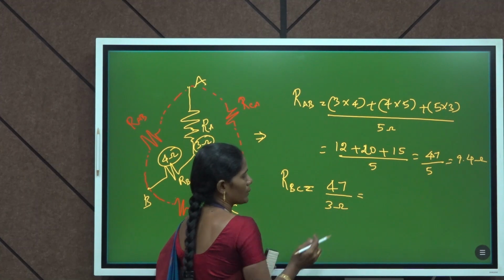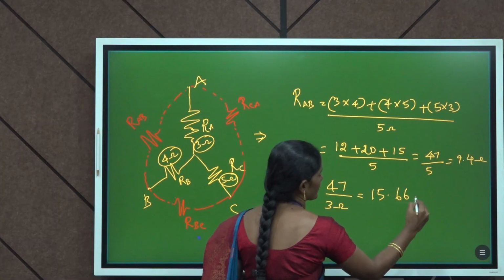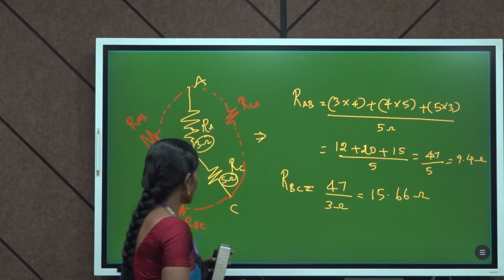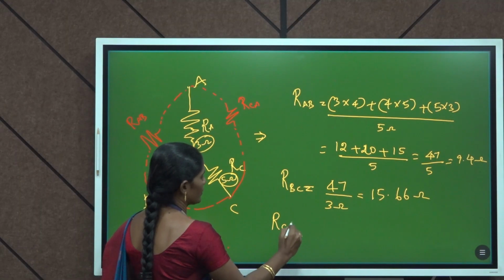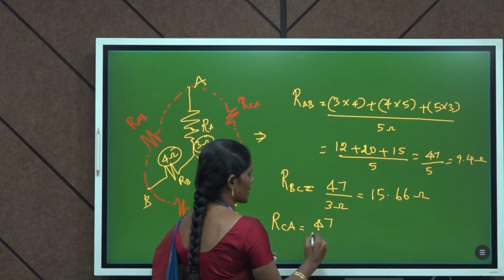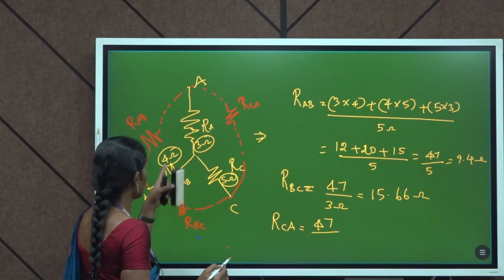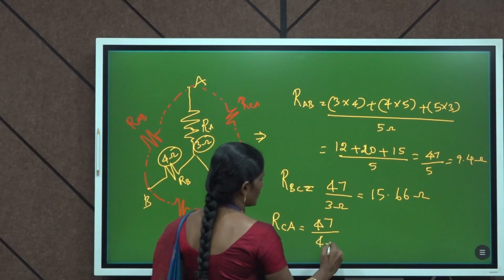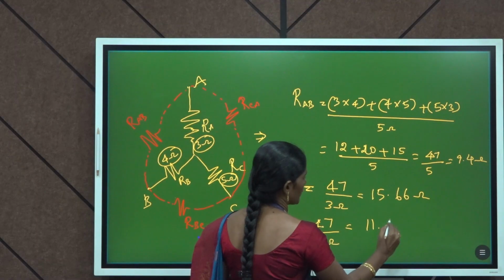So 47 divided by 3 gives 15.66. The third delta resistance is RCA. For RCA the numerator is the same circle, 47. The opposite resistance for RCA is RB, the value is 4 ohm. So 47 divided by 4 gives 11.75 ohm.